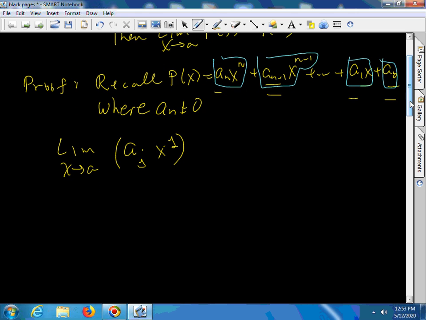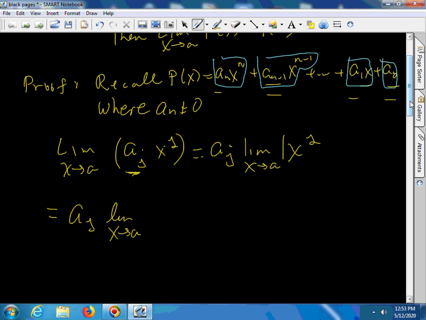But we know from an earlier theorem that you can pull the constant out in front. So we have a j times the limit of x raised to the j. We still have the a j in front. We have another theorem that says if you take the limit of a function to a power, you can take the limit of that function and then raise that answer to the power.